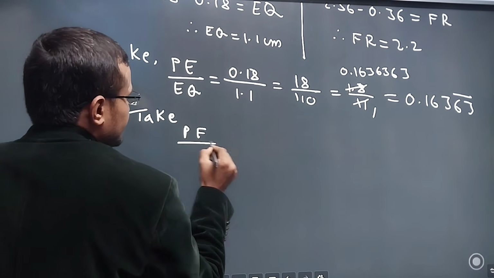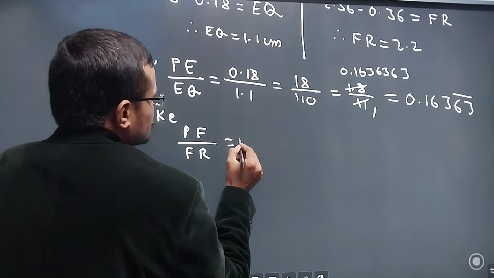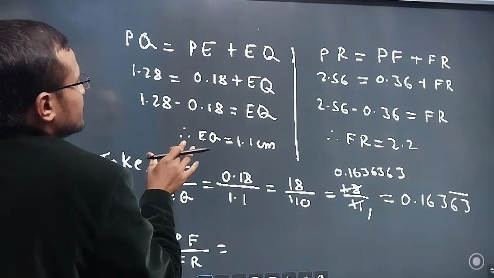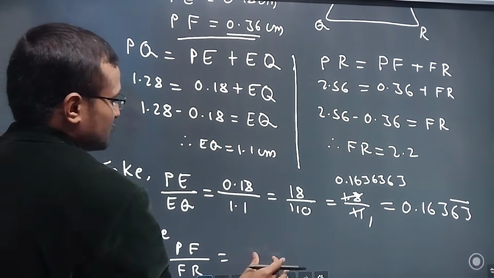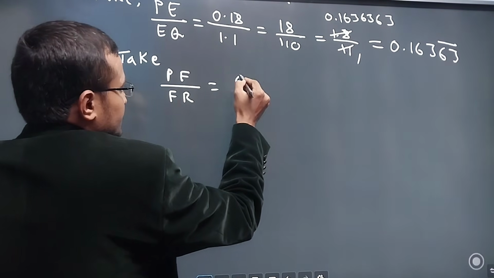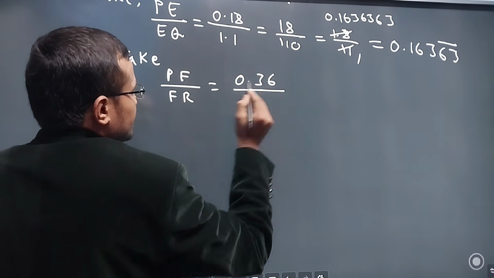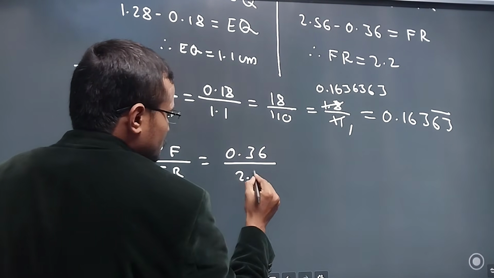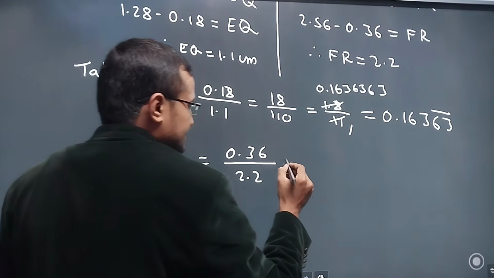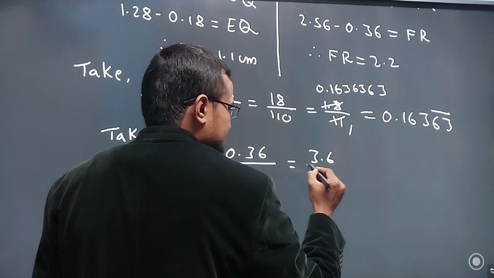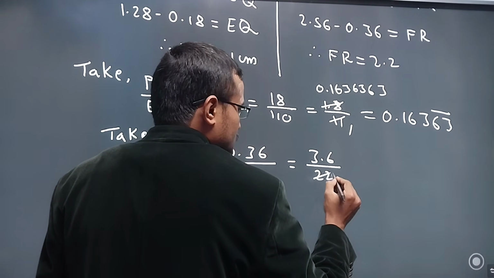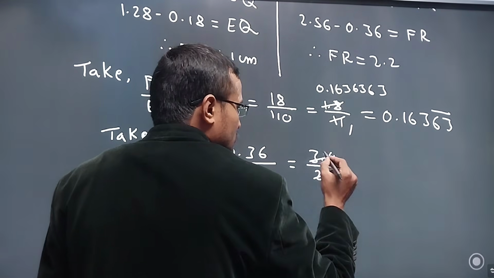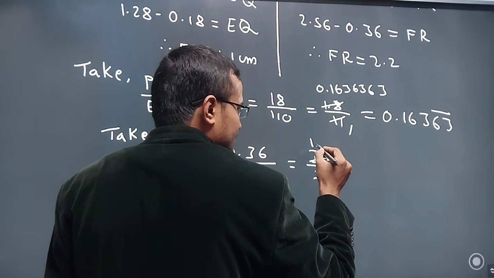Now you can take PF divided by FR. PF they have given as 0.36 centimeter. So 0.36 divided by FR, which we have calculated here as 2.2. If you solve this, you will get 3.6 divided by 22. So 2 11s are 22, 2 1s are 2, 1 will be remaining.